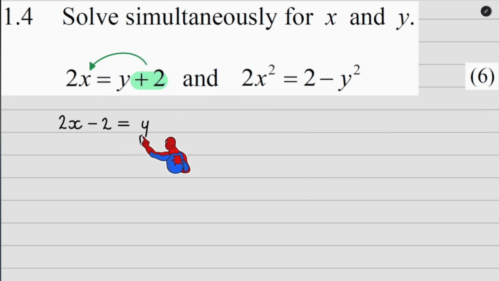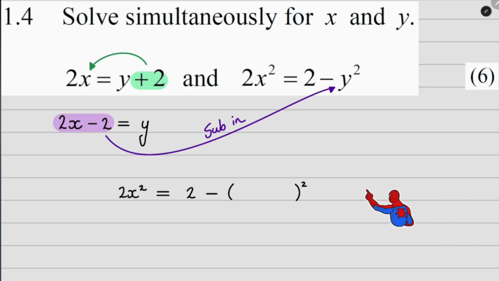Now that we've got y on its own, we're going to make the necessary substitution. So this over here, we're going to put it into all the y's we see over here. So luckily there's only one y, so I'm going to sub this in to y's place. So what I do to make my life easier is I rewrite this, but instead of y, I leave an open set of brackets. And inside this bracket, I put this thing in there.